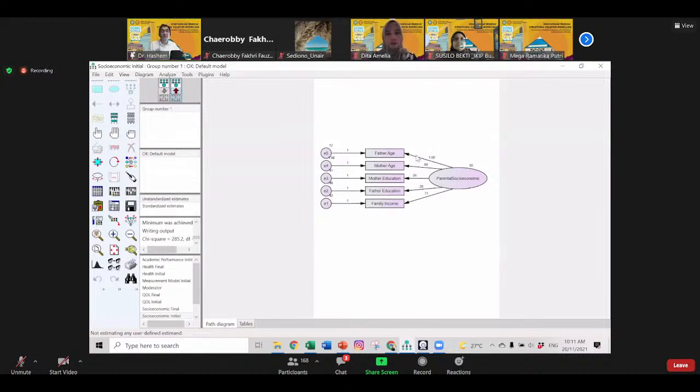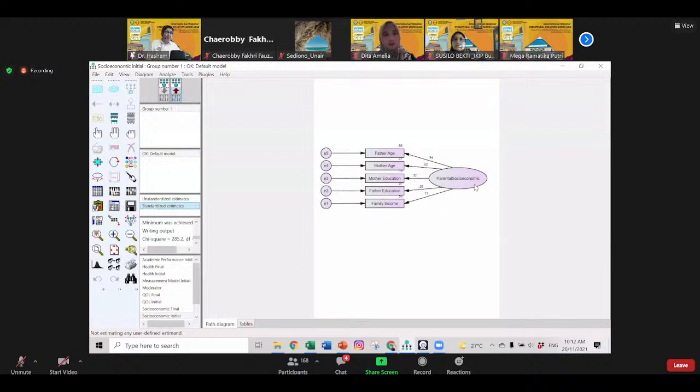It's called factor loading, or sometimes the coefficient impact of the parental socioeconomic over the measurement variable, right? There are two types, unstandardized estimate and standardized estimate. I would suggest you use the standardized estimate because you're a statistician. I don't need to explain what the meaning of standardized estimate is.